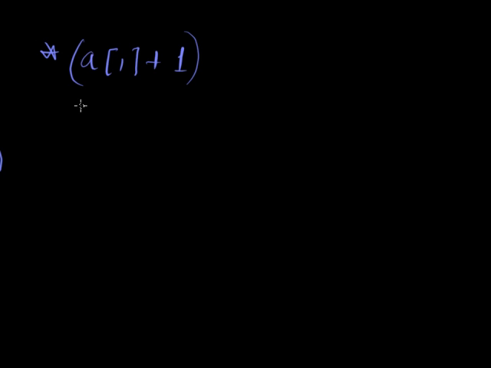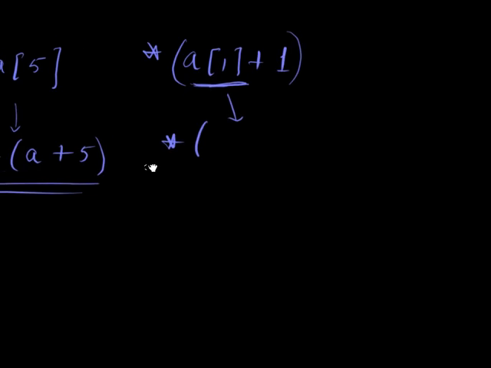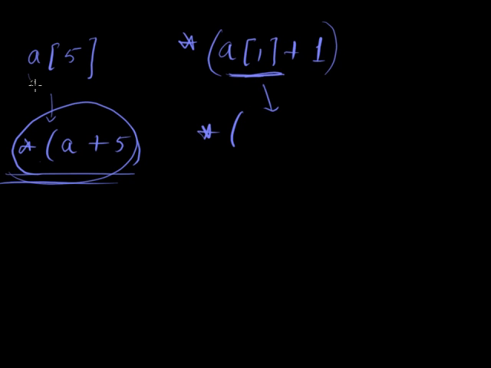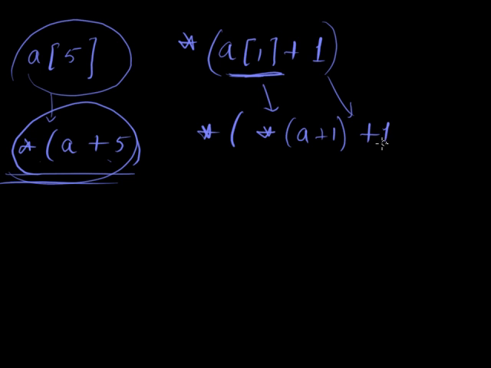So how can we get, if we want to get rid of this a of 1, if we want it all with base address and pointers, we can do it like this. Star of, this a of 1 can be done like this. A of 5 can be star of a plus 5, so a of 1 will be star of a plus 1, and this plus 1 goes here.